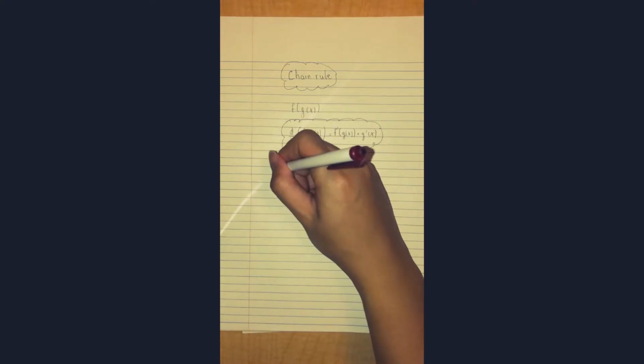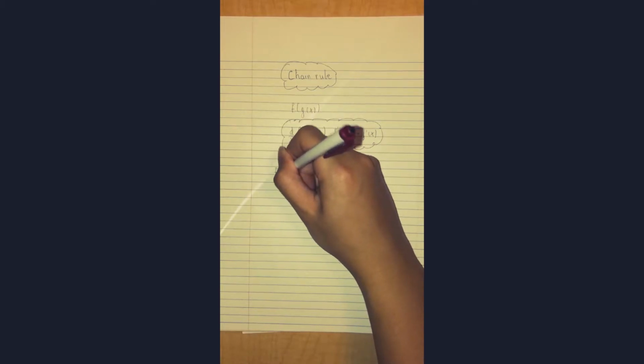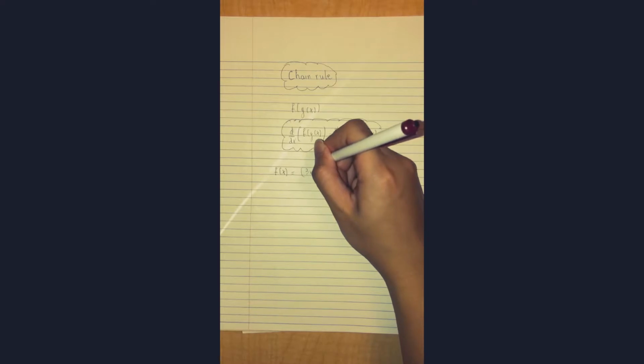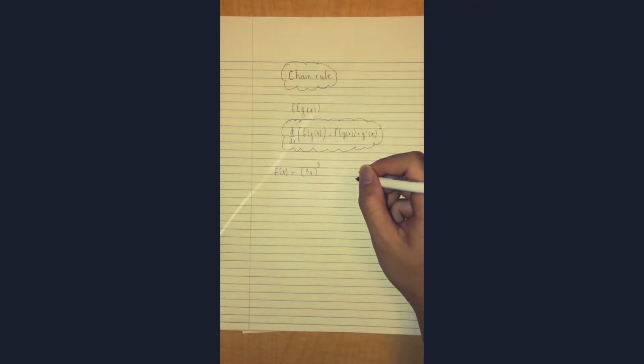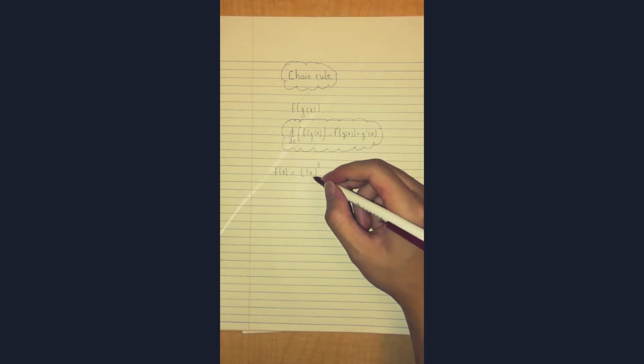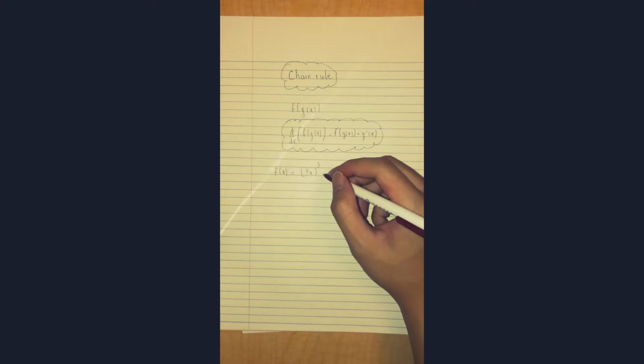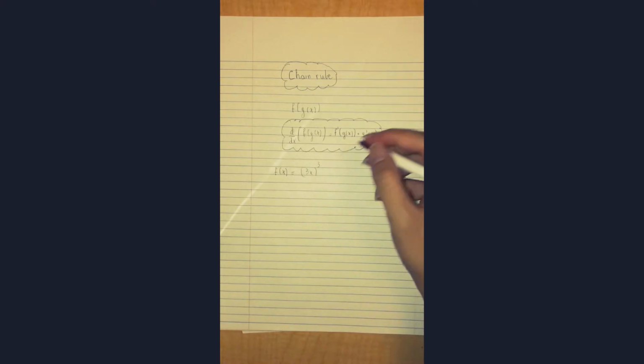So let's say I have a function f of x is equal to (3x) to the power of 3. You can see here the inside function is 3x and the outside function is to the power of 3. And you know that when you take a derivative of a power, you can use the power rule.